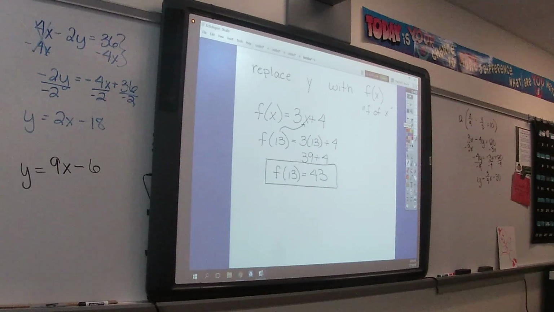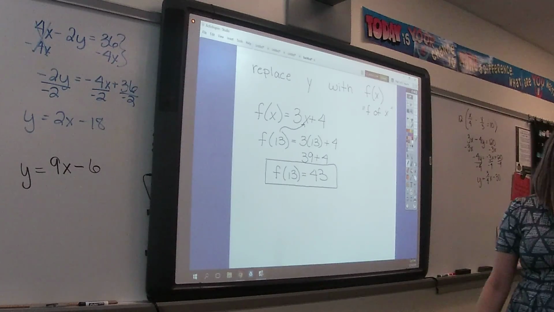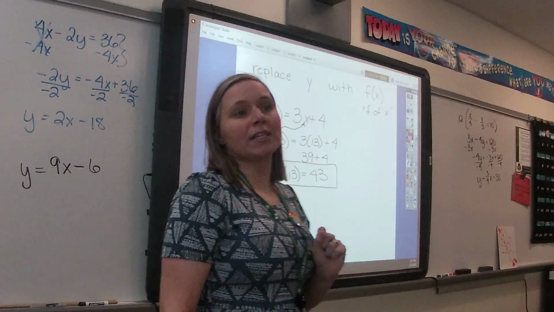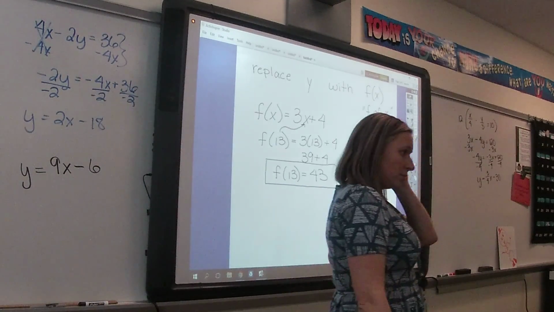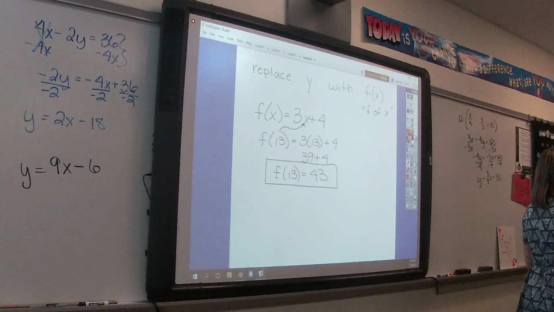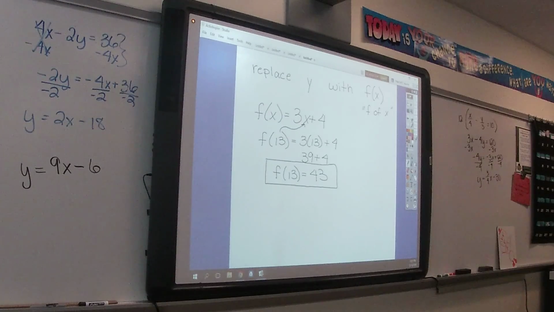It also allows me to work with multiple functions at the same time, which is the more real-world application. So let's say we want to go rent a car. They have choices of a compact car, a mid-sized car, or a luxury car. Is that what they call it? I don't even know. Whatever. So we have compact, mid-size, or luxury.